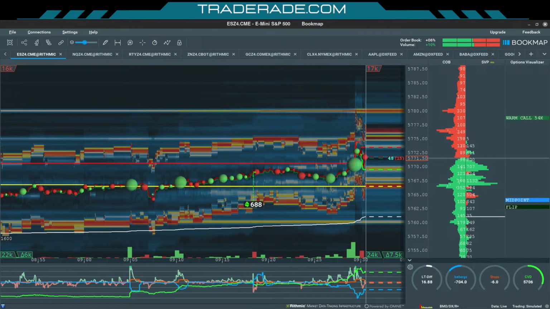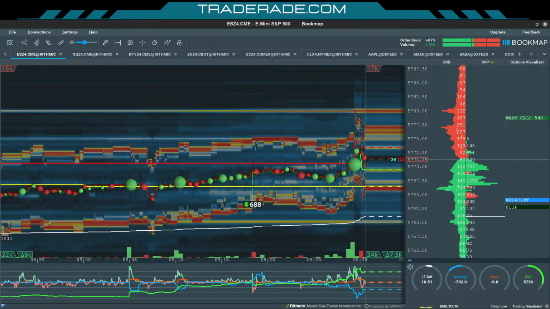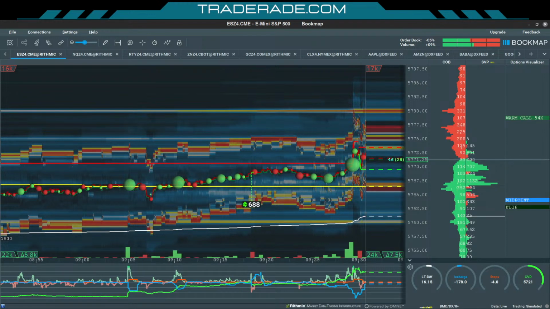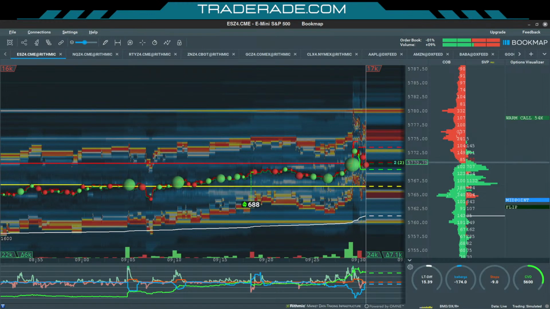Market open imbalance, about 21 million to the buy side on S&P, 16 million to the sell side on NASDAQ, 12 million to the sell side on Dow, and 17 million to the sell side on Mag 7. Pretty neutral market on open imbalance overall.